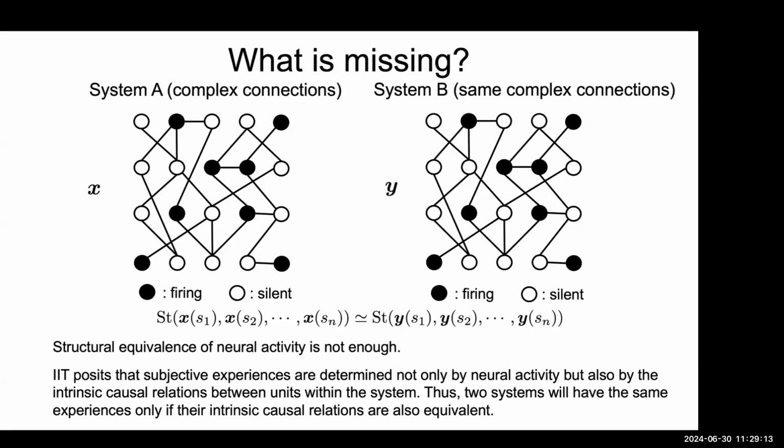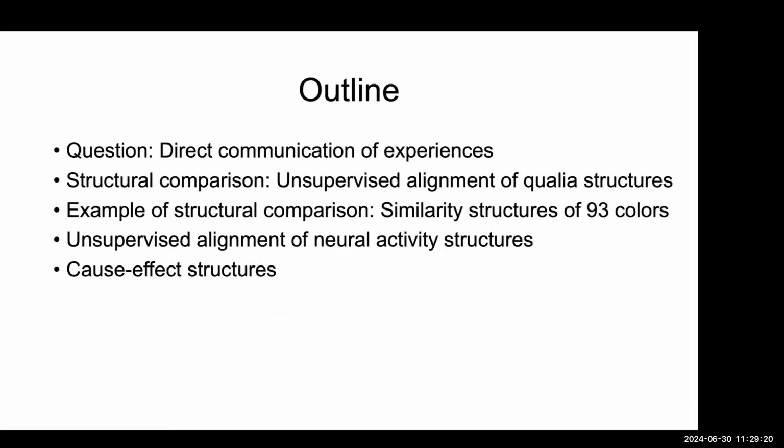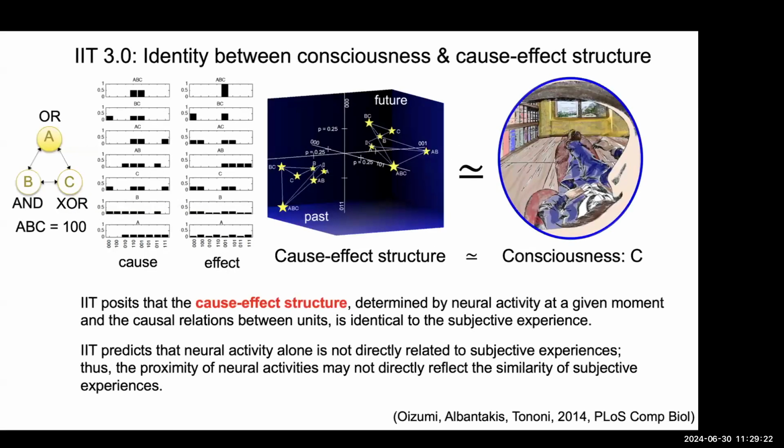Then can we say whether we have similar experiences? That's what we want to address, right? For this, we need some theory to quantify the so-called cause-effect structure. IIT posits that the cause-effect structure, determined by neural activity at a given moment and the causal relations between units, is identical to the subjective experience.